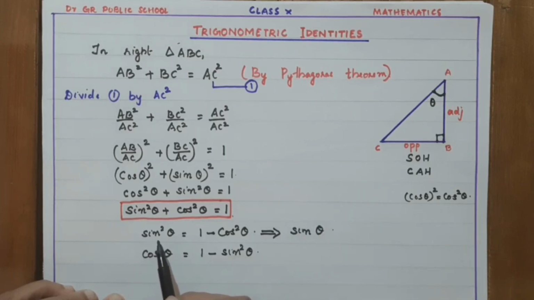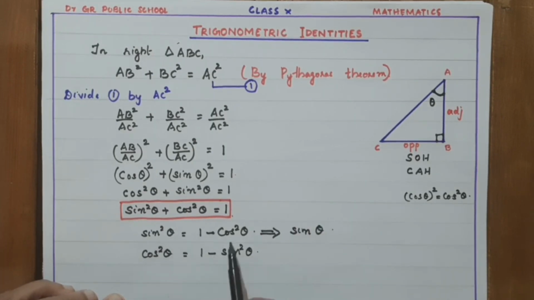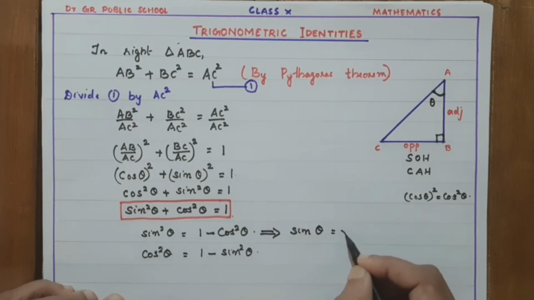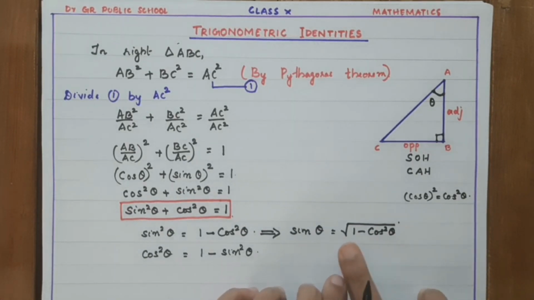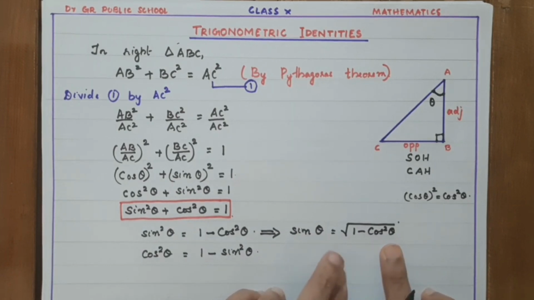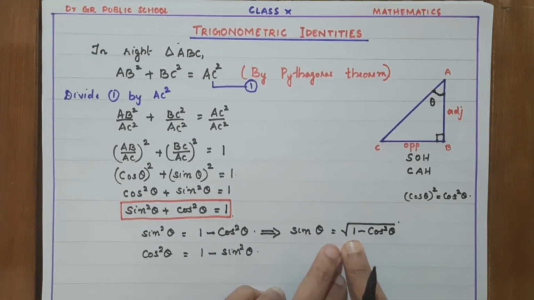From sine square theta, to get sine theta we have to take the square root. We have to take the square root on both sides. So sine theta is equal to square root of 1 minus cos square theta. See, 1 is a perfect square.